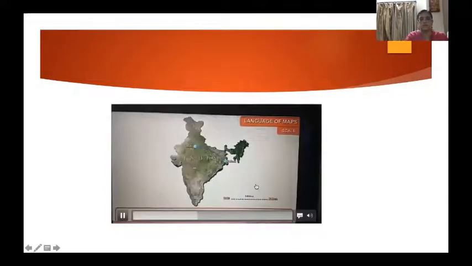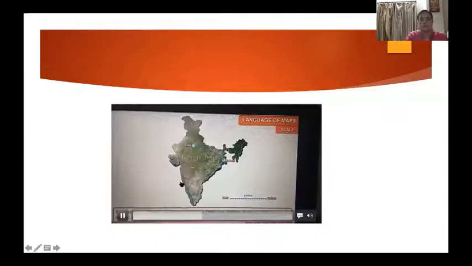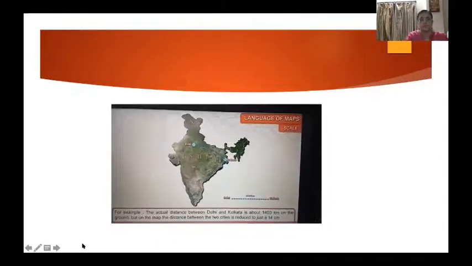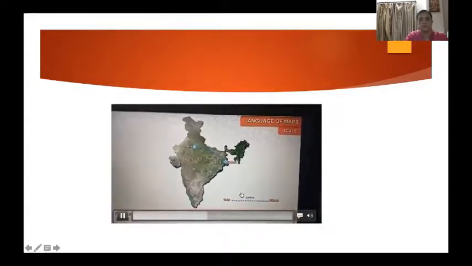Scale. For example, the actual distance between Delhi and Kolkata is about 1400 kilometers on the ground. But on the map, the distance between the two cities is reduced to just 14 centimeters.